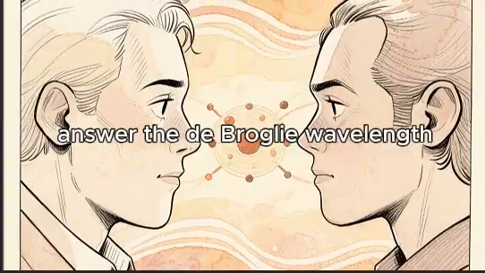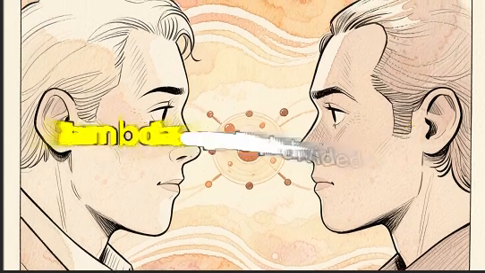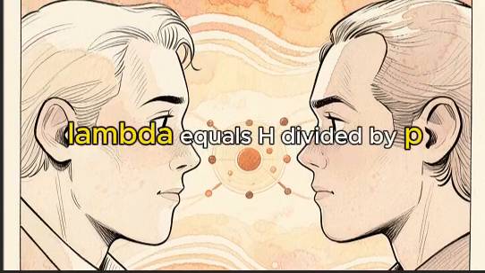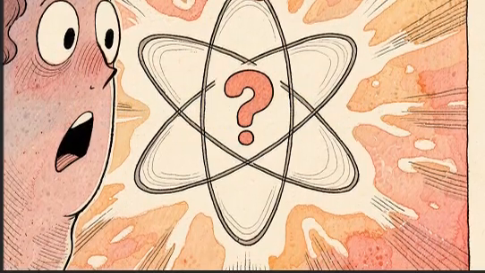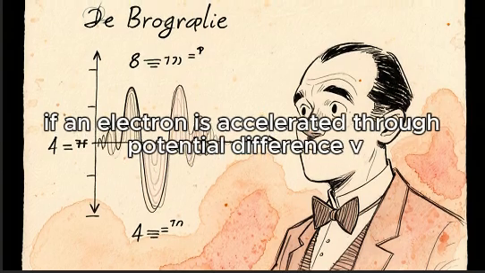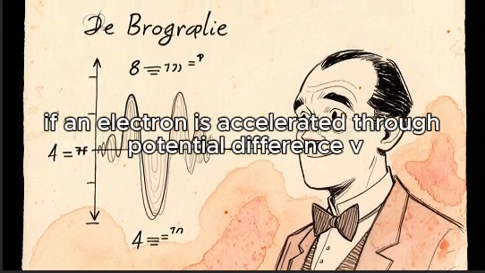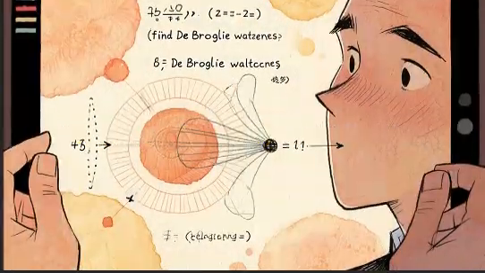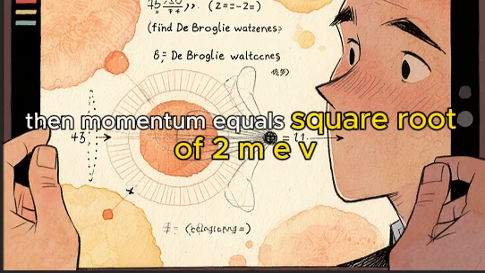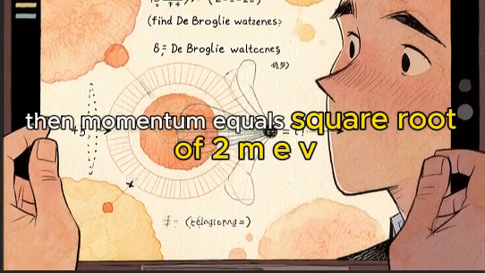Answer. The de Broglie wavelength lambda equals h divided by p, where p is the momentum of the particle. If an electron is accelerated through potential difference V, its kinetic energy is equal to eV. Then momentum equals square root of 2meV.